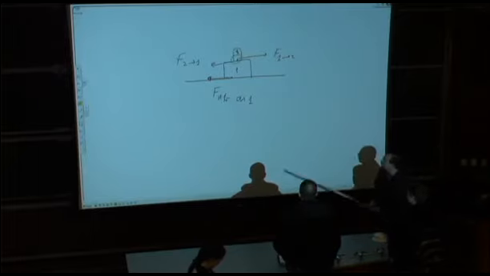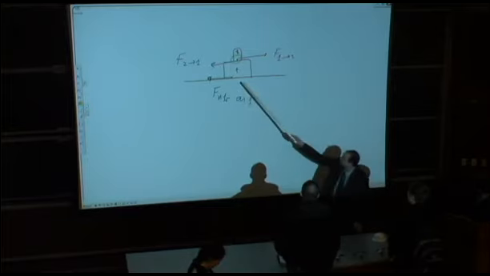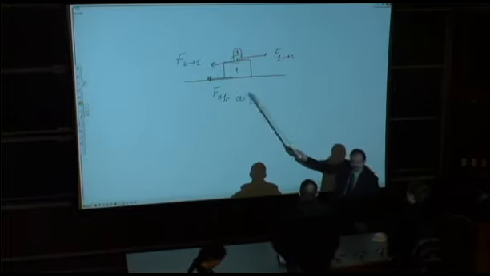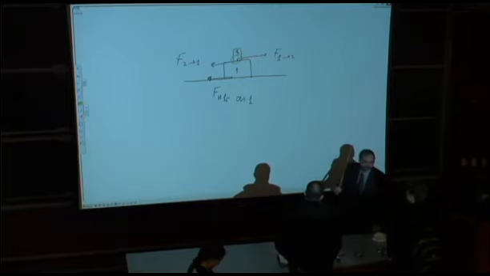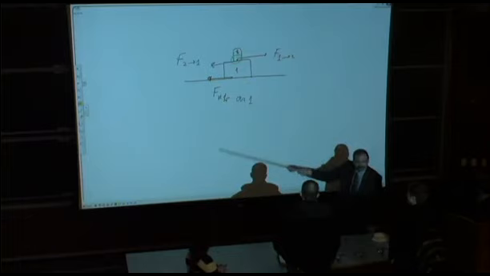So the red arrow belongs to the free body diagram for the top box, but the blue or the black ones belong to the free body diagram for the first box.